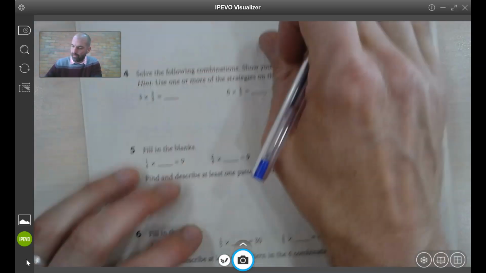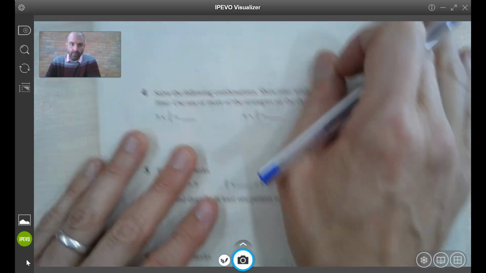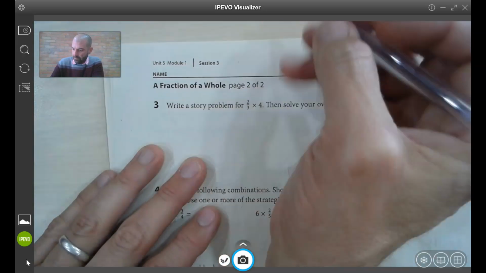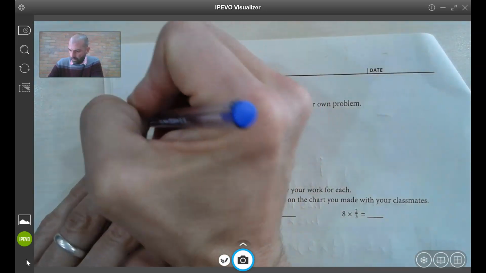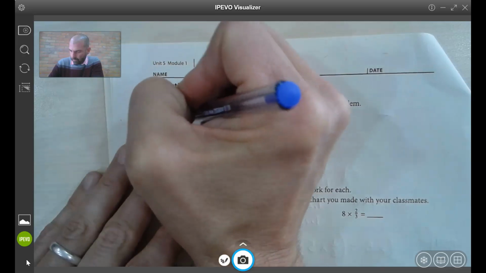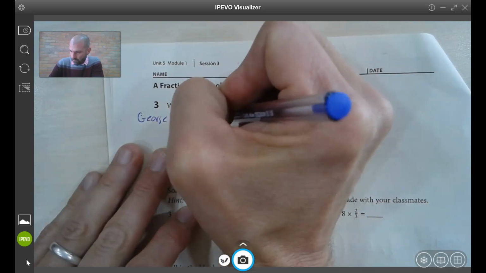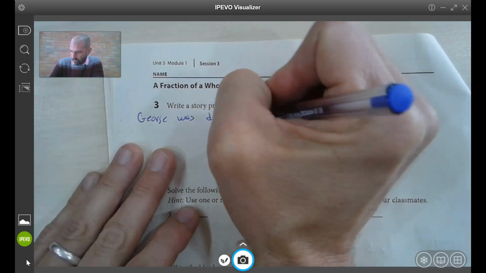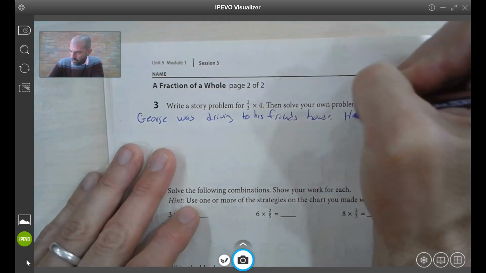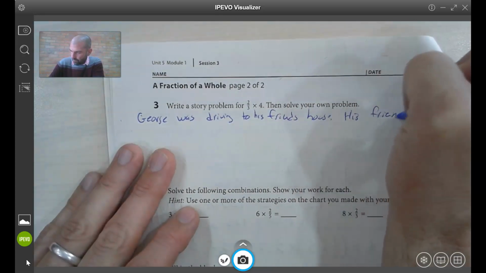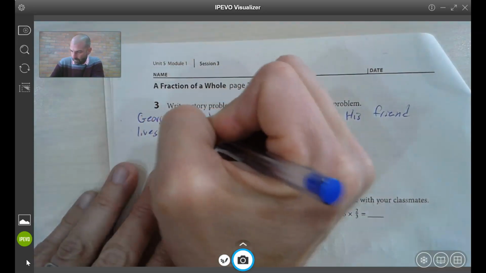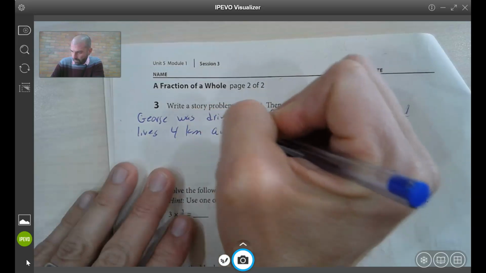Write a story problem for 2/3 times 4, then solve your own problem. I could say that George was driving to his friend's house. His friend lives 4 kilometers away from him.